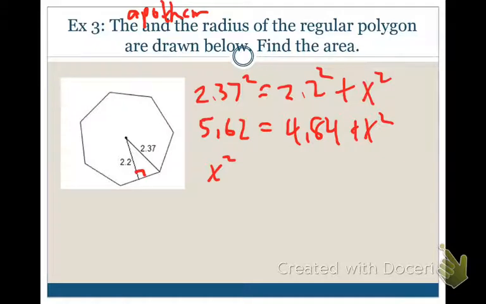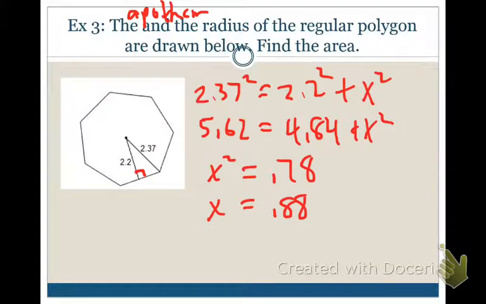0.78 equals x squared. What's the square root of that? X equals what? 0.88. All right, so x is 0.88.